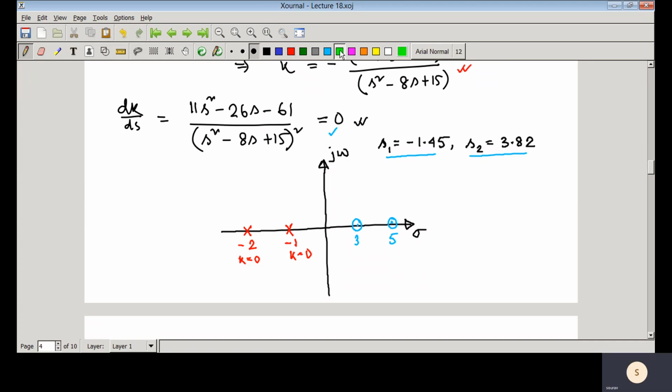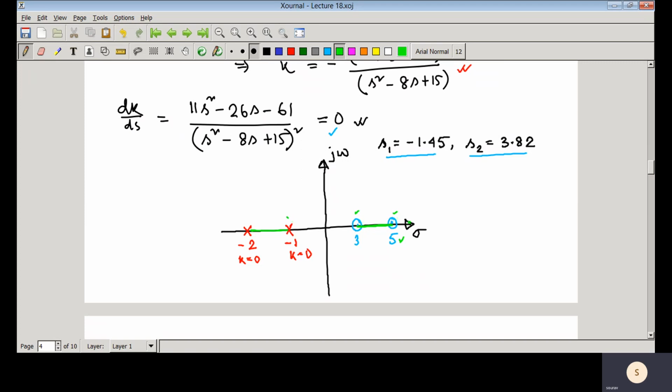If you look at which segments of the real axis are part of the root locus, this is one segment, because on the right-hand side the number of poles and zeros must be odd. Here on the right there is 1, and for this other part, if you look to the right, that would be 3, because 1, 2 and 3.